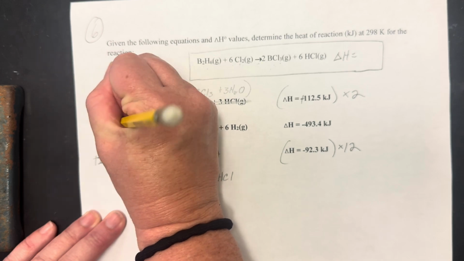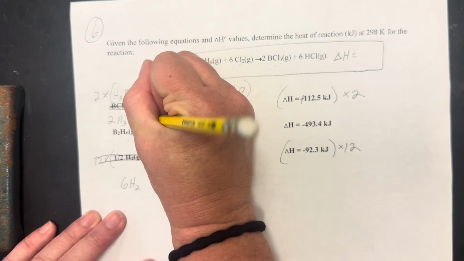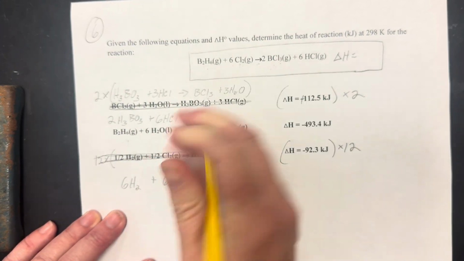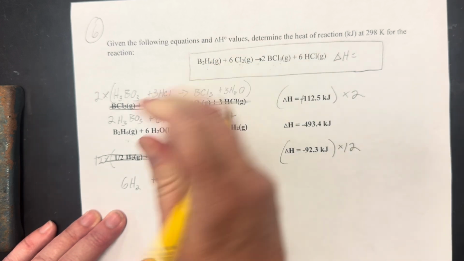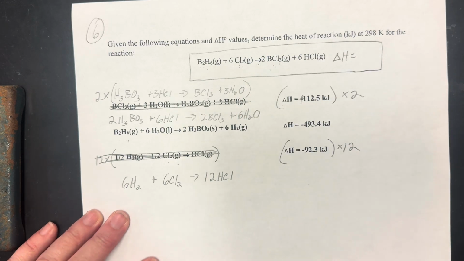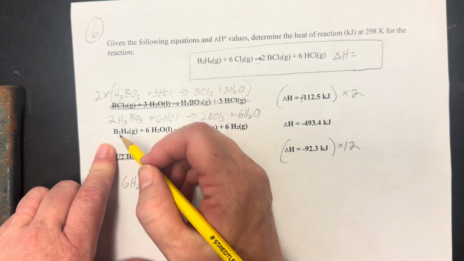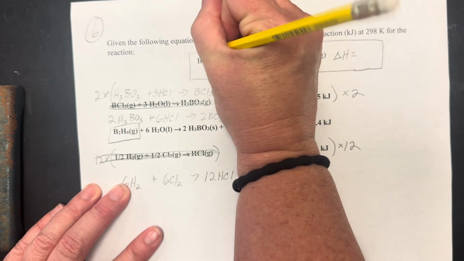This gives me 2H3BO3 plus 2 times 3, 6 HCl, gives me 2 BCl3 plus 6 waters. Great. Double checking, B2H6: I've got it here, and I'm going to box my desired ones and check them off.